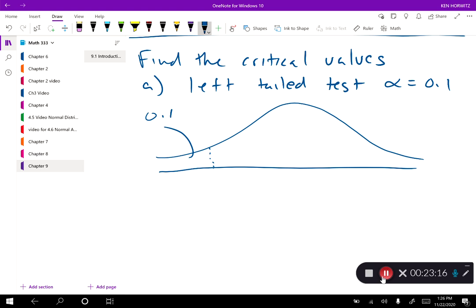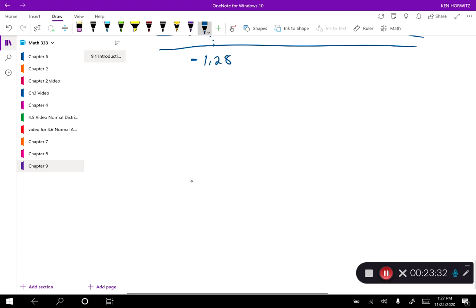All right, hopefully you paused it and looked up that critical value. I found the critical value to be 1.28, but it's got to be negative because we are in the left tail.